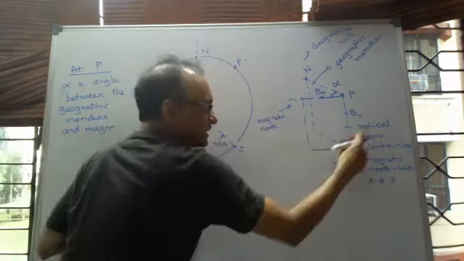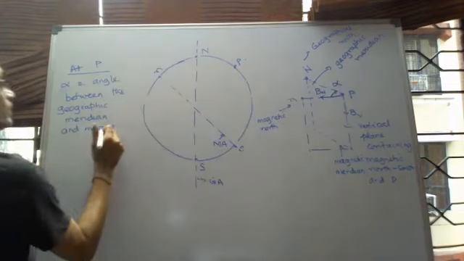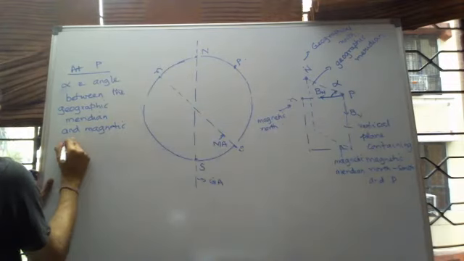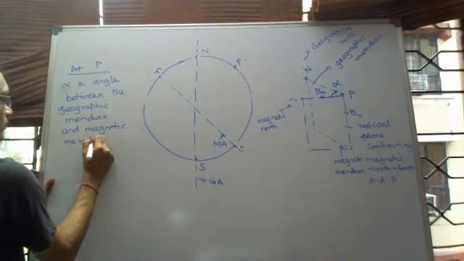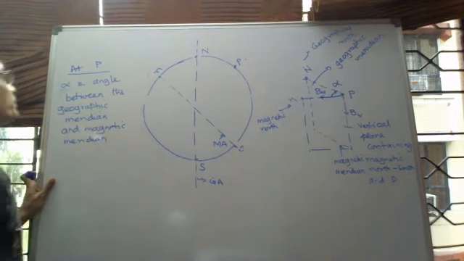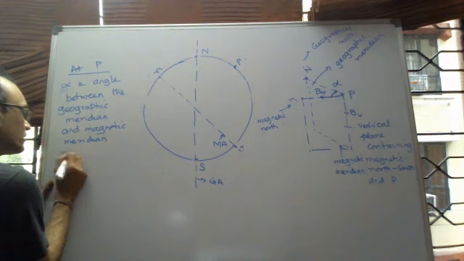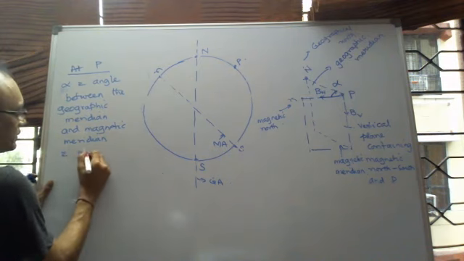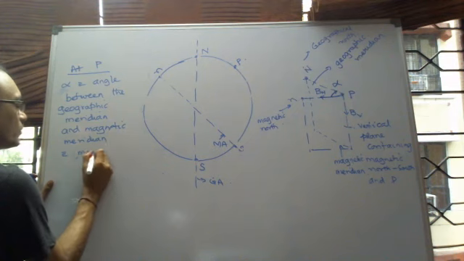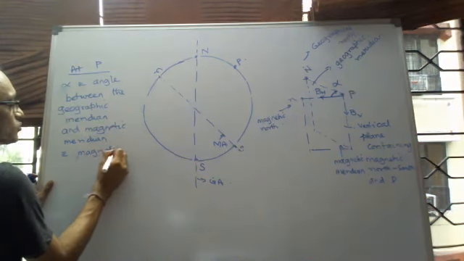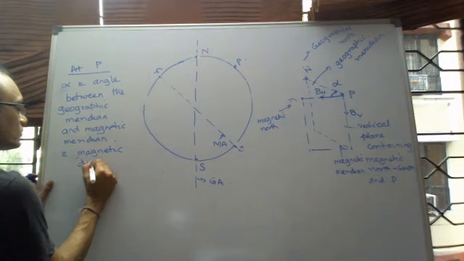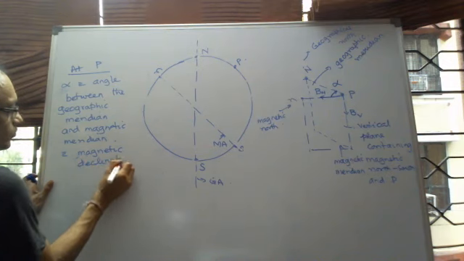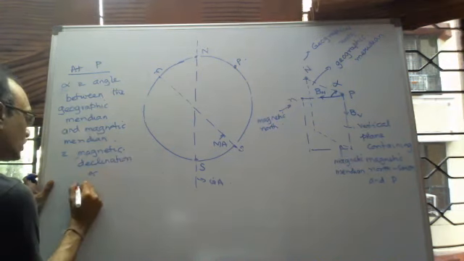ये magnetic meridian है, and is called the angle of magnetic declination. This alpha is called magnetic declination or angle of declination.